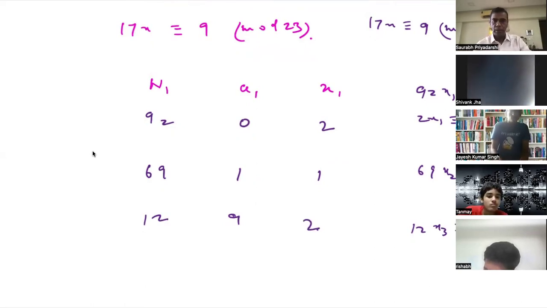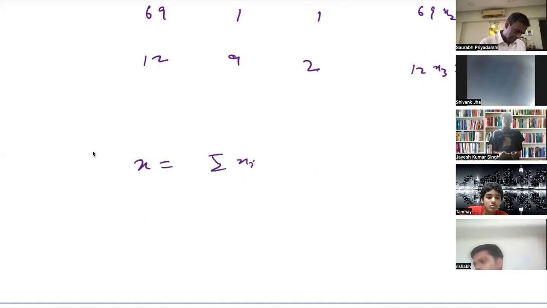Now we have to find the value of this, right? So the value will be, X is nothing but the summation of ni xi ai, where xi is the inverse.